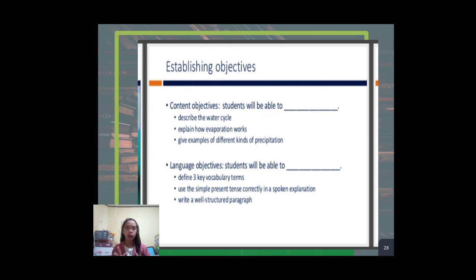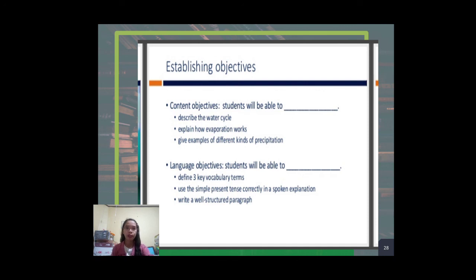So the students will be able to define 3 key vocabulary terms, use the simple present tense correctly in a spoken explanation, and write a well-structured paragraph. But of course, this depends on your learner's level. If you think that this is too much or your objective is not realistic, not time bounded, and that your students may find it difficult to achieve your set objectives, then you have to adjust and modify them.